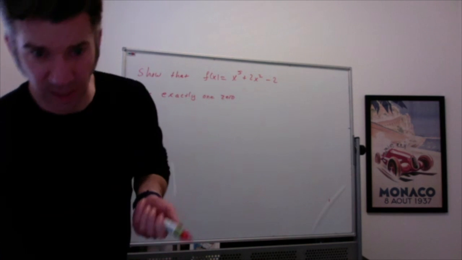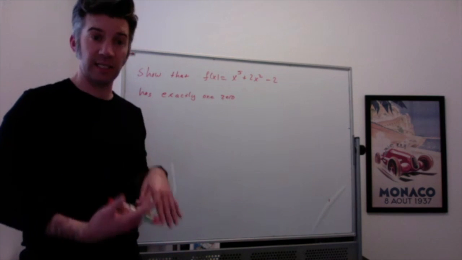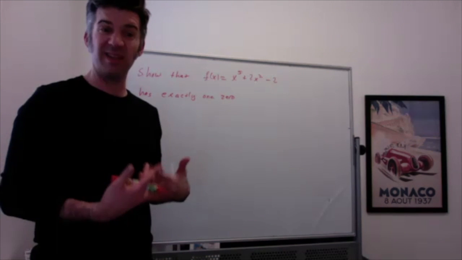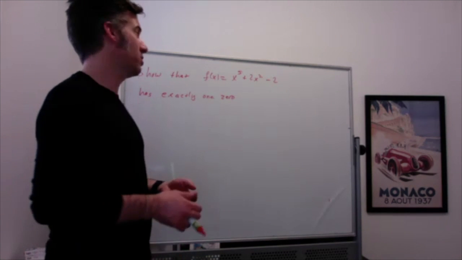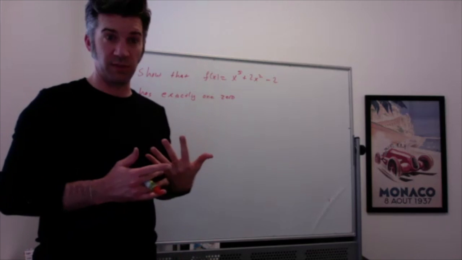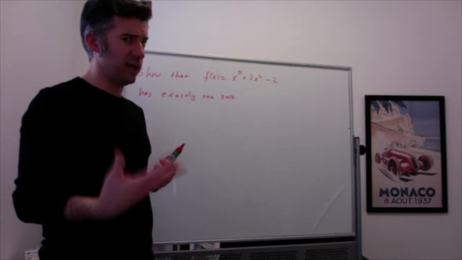We did a question like this before, where I talked about how it was an existence and uniqueness proof, where you first had to show that there is a solution, usually by using the intermediate value theorem. And then you had to show that there's only one solution by showing that there couldn't be 2. I can do this one, but we did do one like that before.